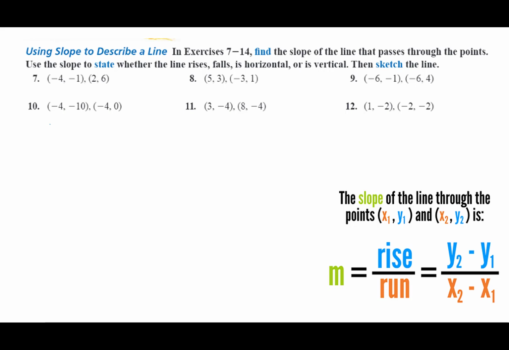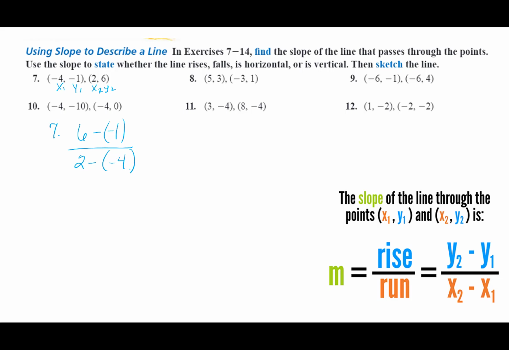So if you take a look at 7 and label the first ordered pair x1, y1, the second ordered pair x2, y2, and then we'll just plug in those values into the formula. This will be 6 minus a negative 1 over 2 minus a negative 4. Anytime you're subtracting, it's easier just to add the opposite.